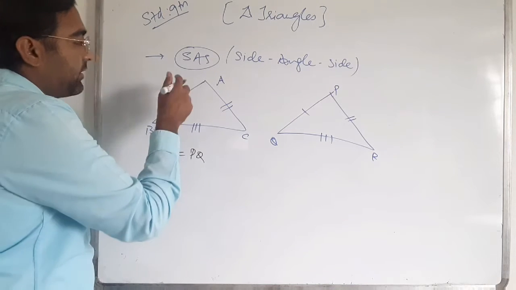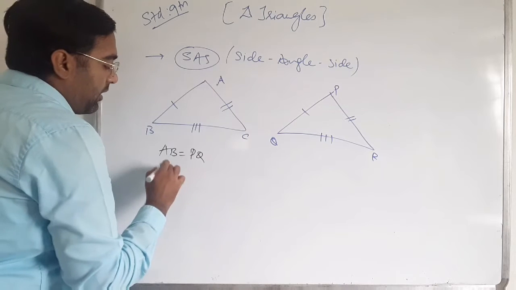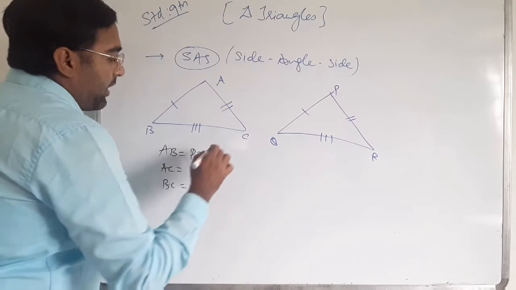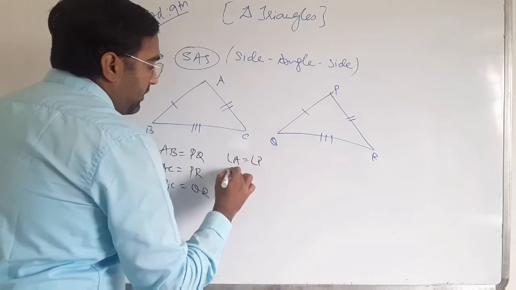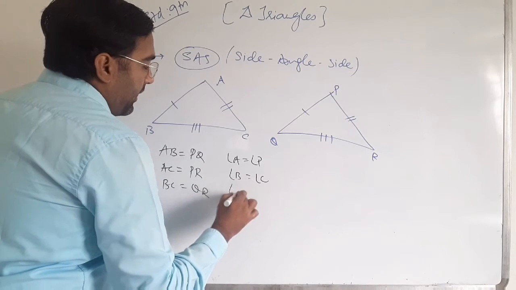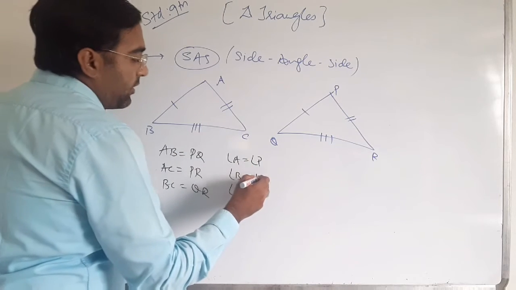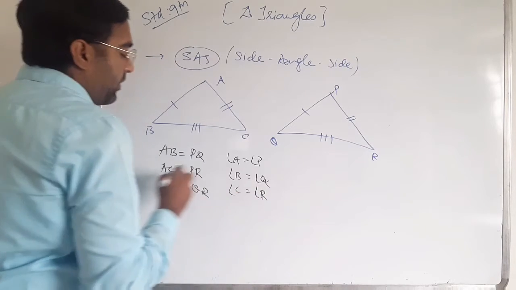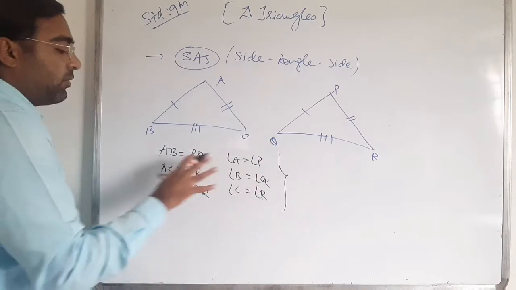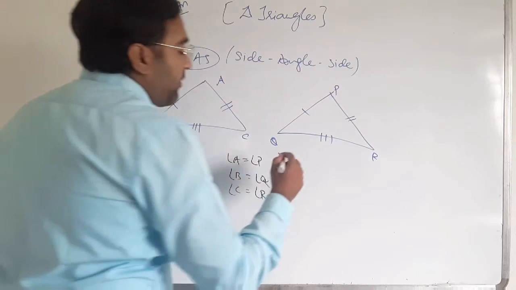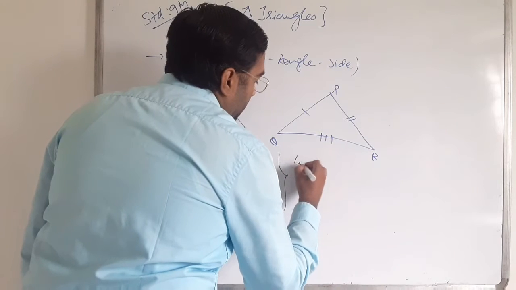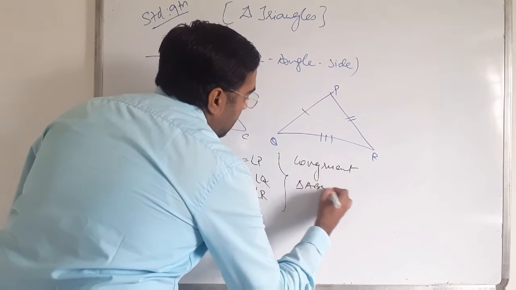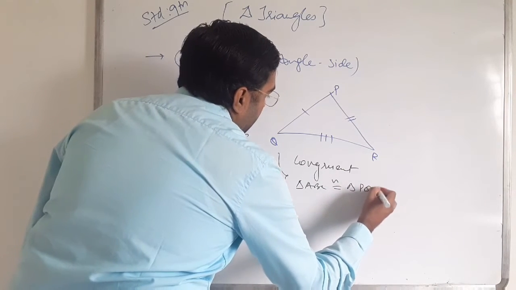For the congruent parts, AB is equal to PQ, AC is equal to PR and BC is equal to QR, and angle A is equal to angle P, angle B is equal to angle Q, and angle C is equal to angle R. All these sides and all these angles are equal, so by the definition of congruent, triangle ABC is congruent to triangle PQR.